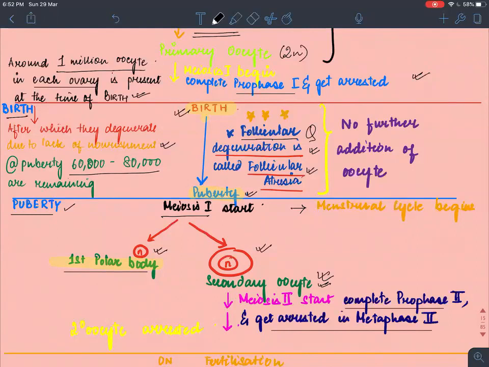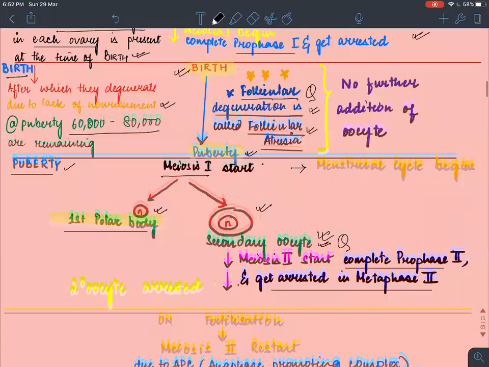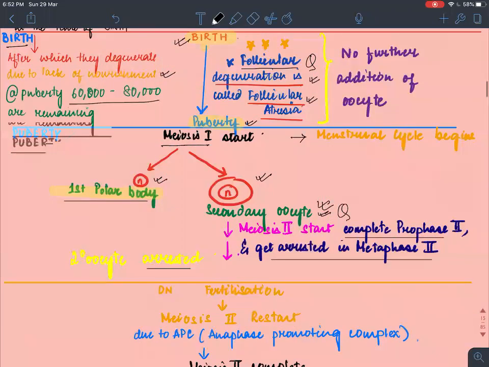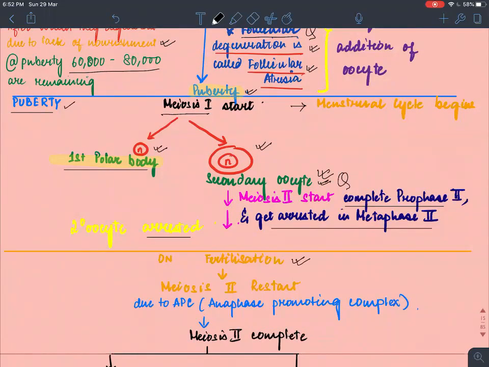Now most of us say that the egg is released. It is not the egg, but it is the secondary oocyte which is released on the 14th day of the menstrual cycle. Now this secondary oocyte is arrested at metaphase 2, and it will be accepted by the fallopian tube, and on fertilization, let's say a sperm cell comes and meets the secondary oocyte, only in that case it will restart meiosis 2 by a protein called the anaphase promoting complex.